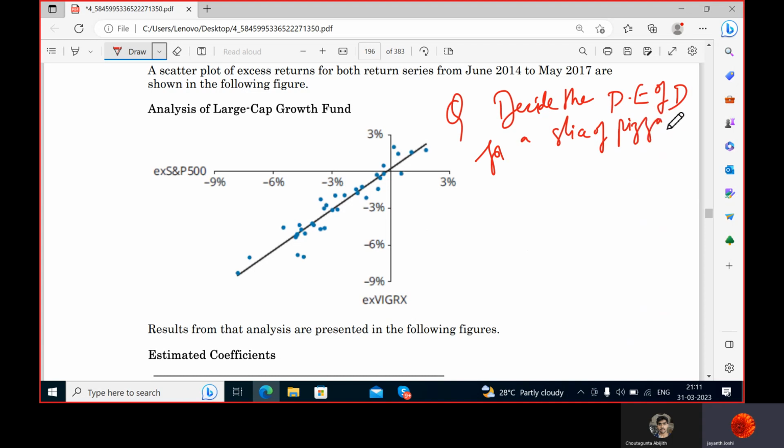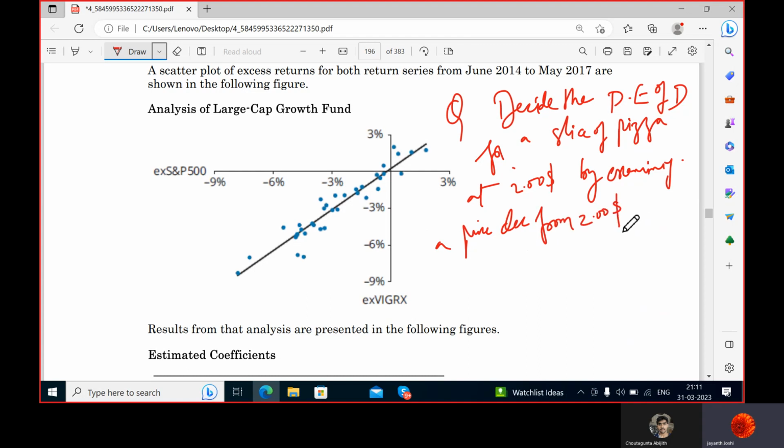You have to do the calculation and tell, at $2, by examining a price decrease from $2 to $1.50 per slice. Don't directly tell from the example.